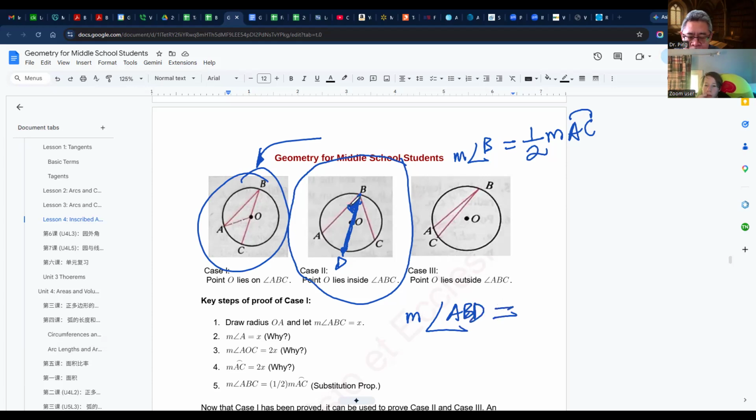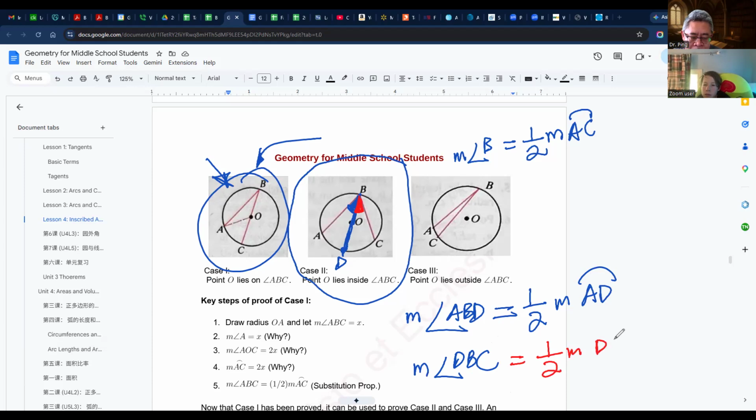So this angle is half of measure AD. Well, it's based on what we already know. And also the other side, DBC, which is the other angle, is half of measure of DC.